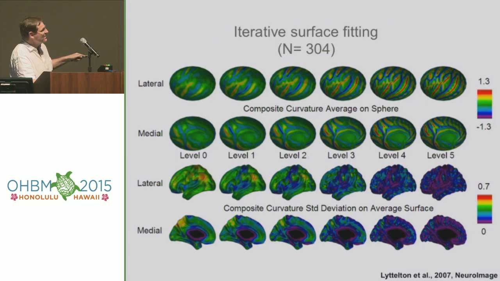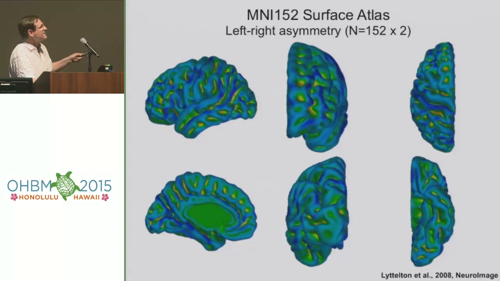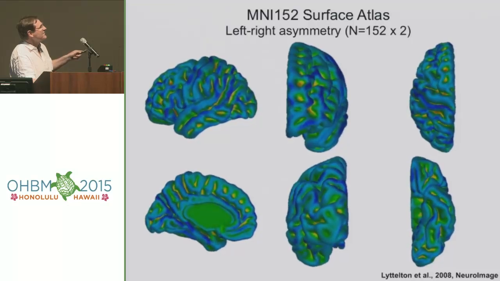This shows the corresponding reduction in standard deviation of corresponding points across these 300 subjects. So life gets better and better as the surfaces are aligned in this iterative fashion, taking advantage of the point correspondence. And this allows us to, for instance, generate average surfaces which give us a very nice representation of average surface folding patterns, and in this case, the difference between the mean left hemispheric surface and mean right hemispheric surface.